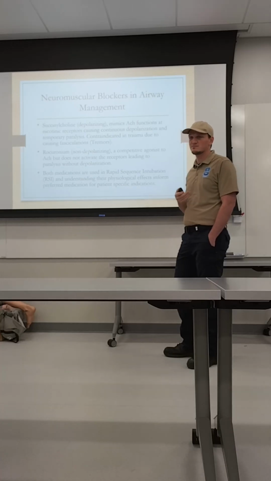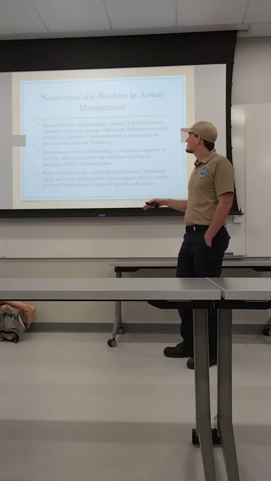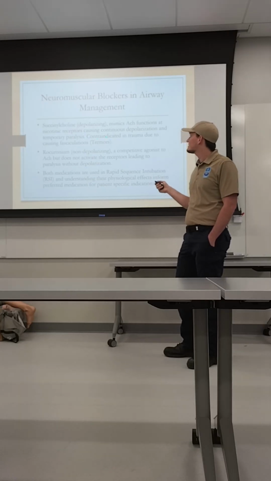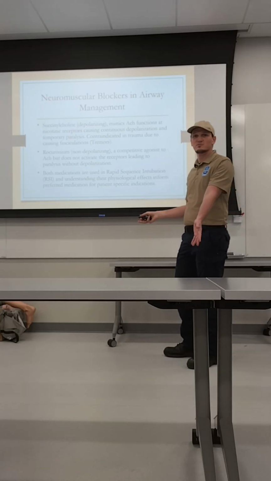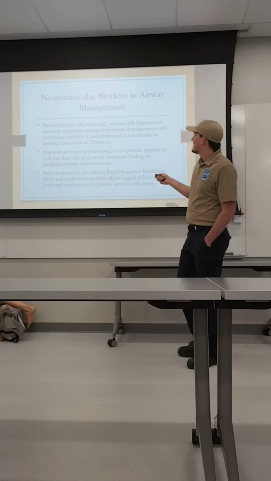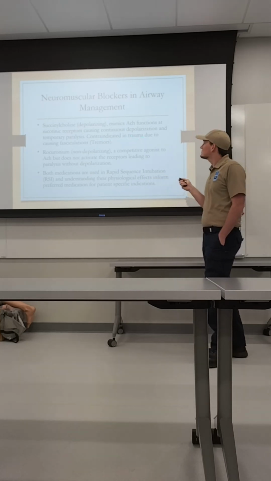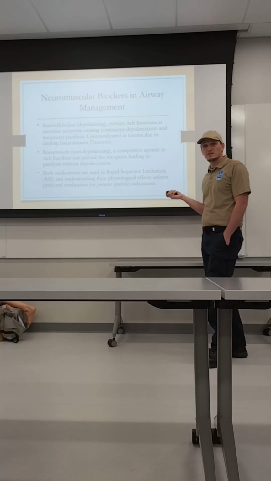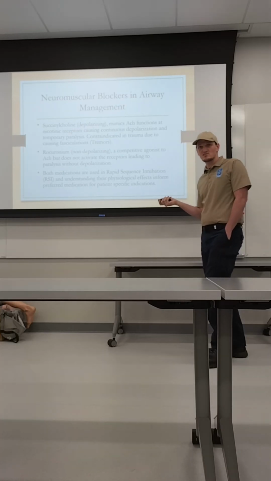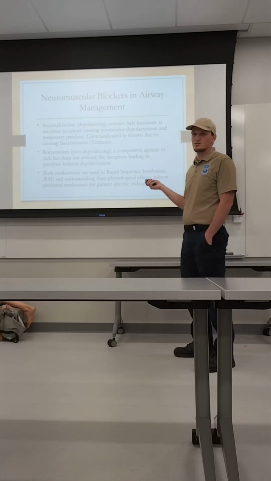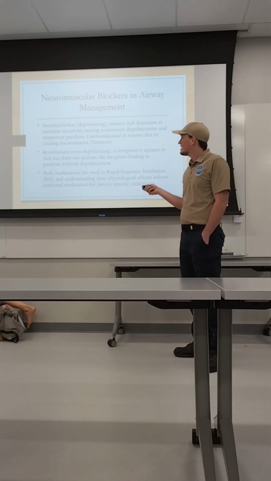It's still pretty rapid, everything considered, but it's much slower than ACh is by itself to break down. So you're going to end up with paralysis due to that, just constant signal being sent out. As I noted here, it's contraindicated in any trauma patient, due to causing those tremors. Obviously with any trauma patient, you don't want to give them a little mini seizure. So we're not going to use it in that.